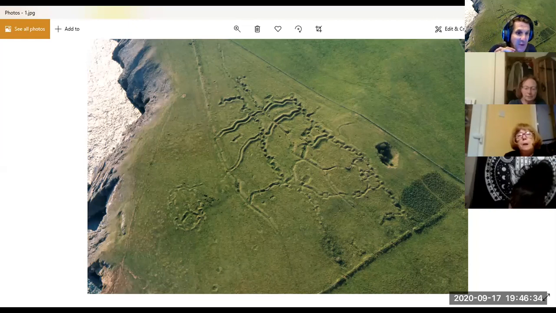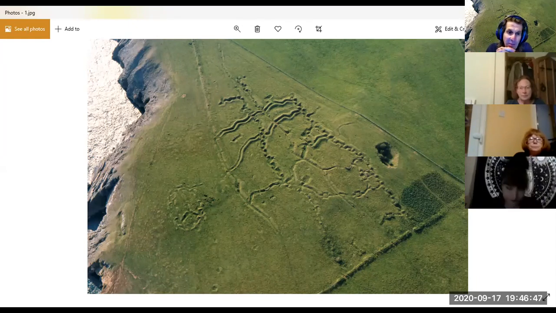Actually, this was a practice range, and it comes up really well using aerial photography. These earthworks in front of you can be worked out on the ground, but trying to figure out what's going on is very difficult. So you need an aerial photograph to really understand this practice trench network from the First World War.